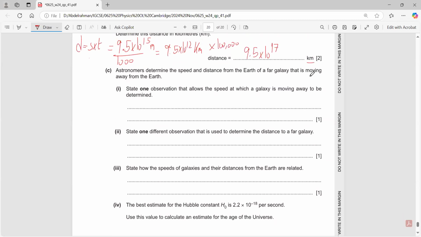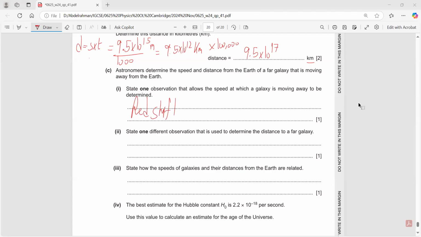Astronomers determine the speed and the distance from the Earth of a far galaxy that is moving away from the Earth. State one observation that allows the speed at which a galaxy is moving away to be determined. How can we determine the speed? By the redshift, which is the change in the wavelength, or the increase in the wavelength. But how can I find the distance of this galaxy?